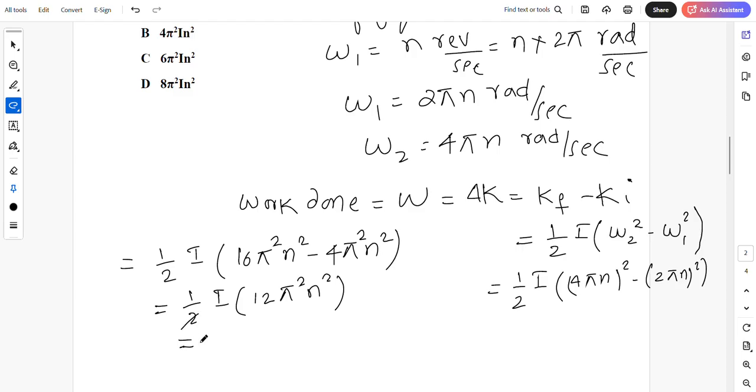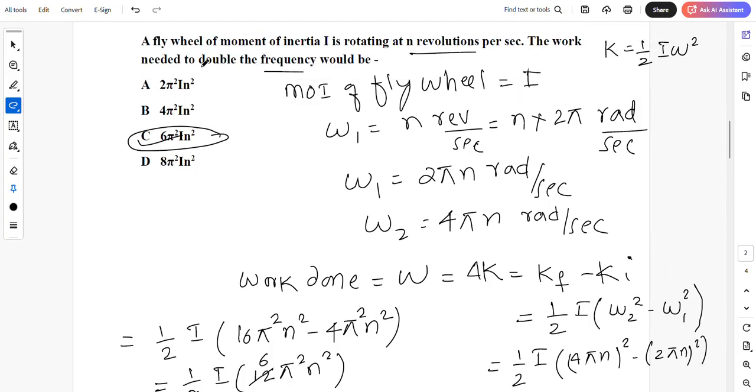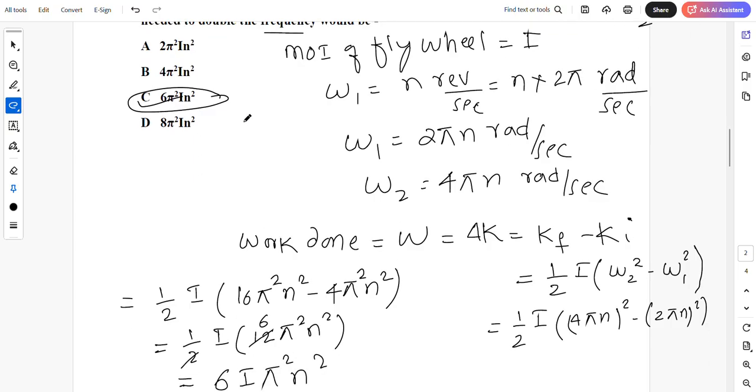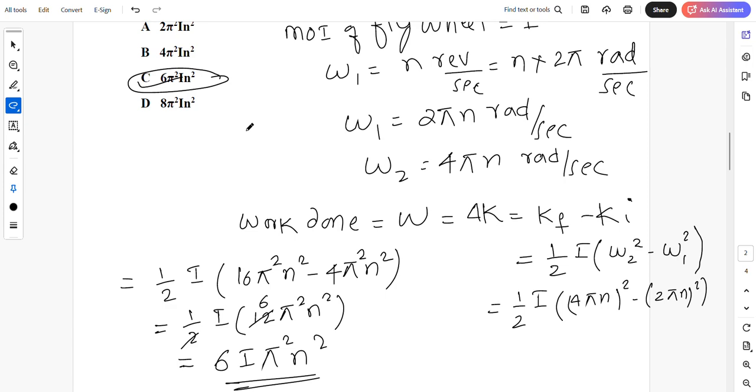So how many times can I divide this? 6. That is 6 I pi square n square, which is equal to 6 pi square I n square. Hope you understood. This is the right answer for this problem. What is needed to double the frequency would be 6 pi square I n square is the right answer.